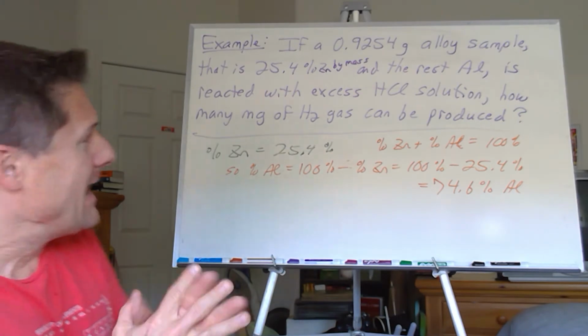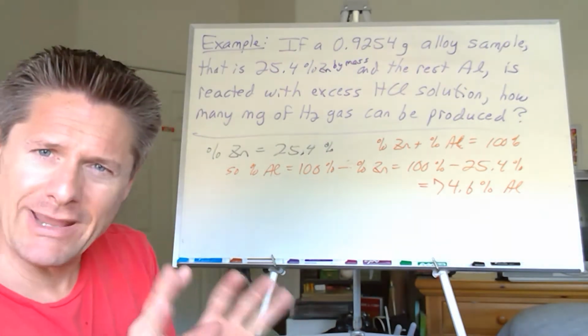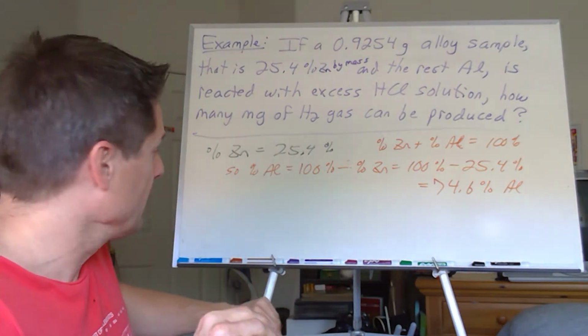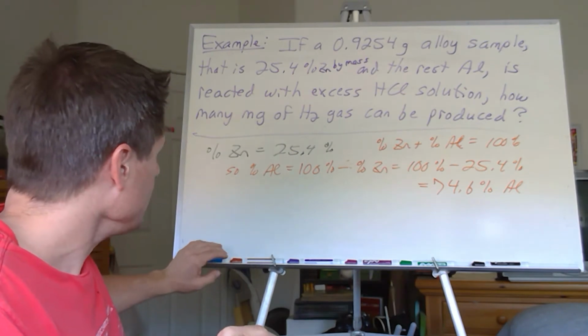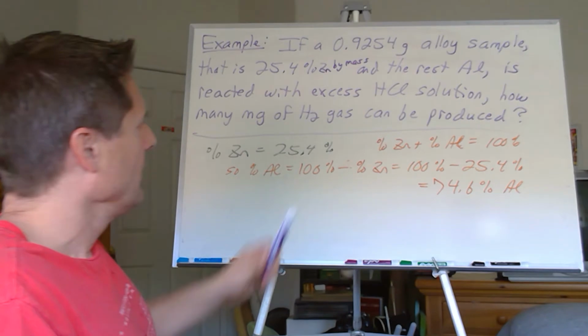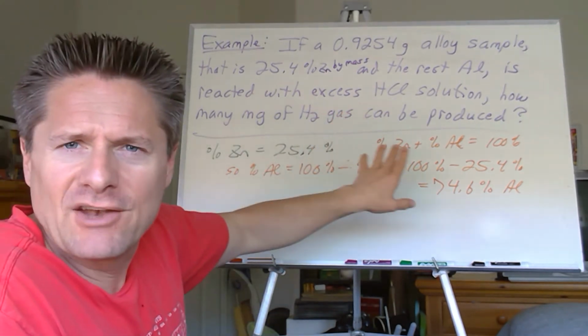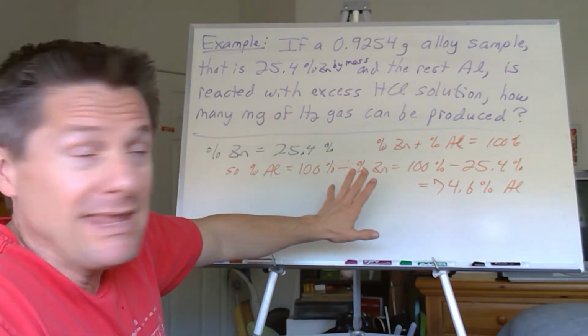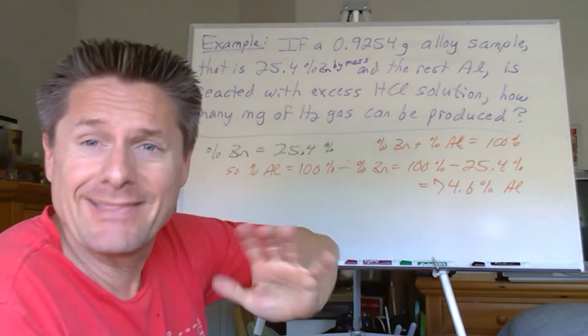All right. Now, we're going to set those up. Let me show you how to set these up, and then we'll do the equations on a separate board. We've gone through percentages before, so I don't need to repeat it here. But when you look at a percent, that's a part per 100.